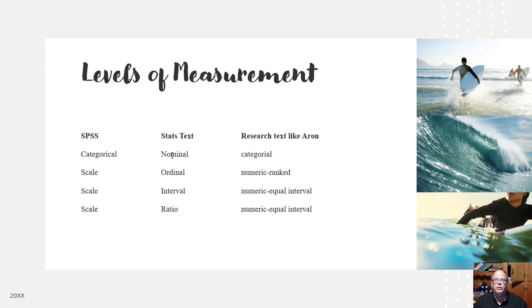So the first category, or the one that gives us the least of the information, is nominal. The data file with this data is just going to be words. SPSS and the Aaron text both call it categorical. So in other words, there's a number of categories. Each one will have its own word.